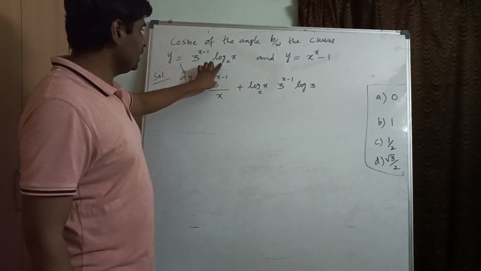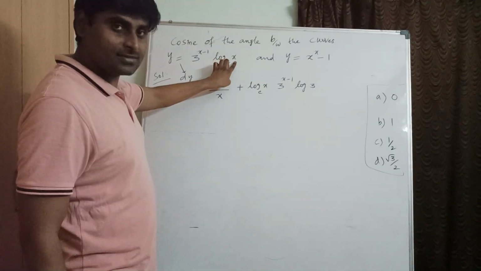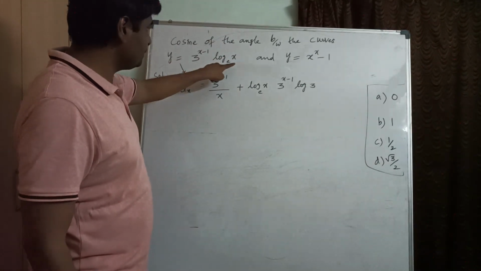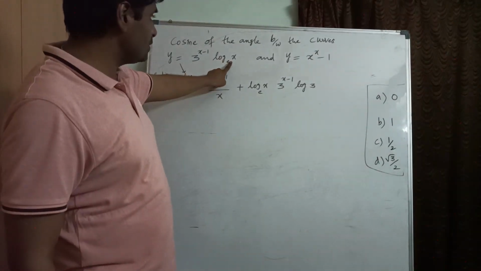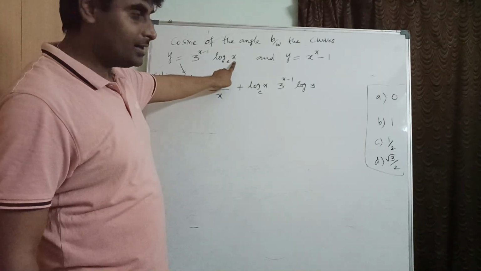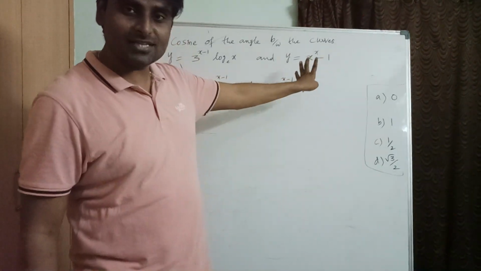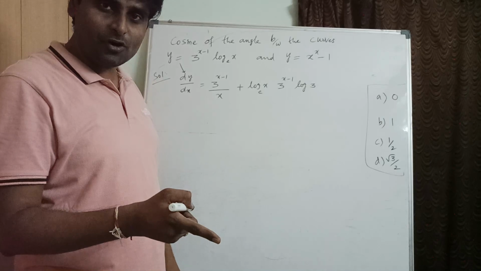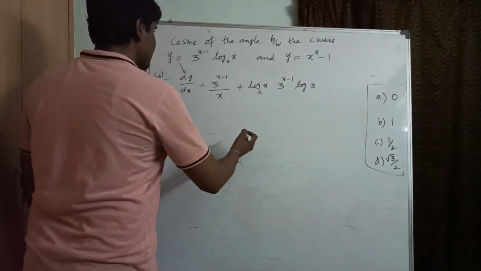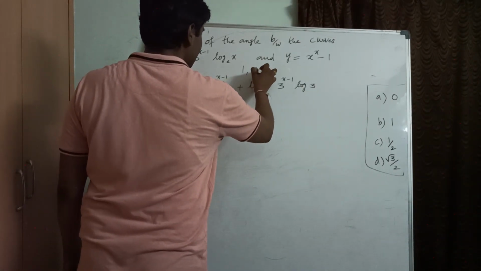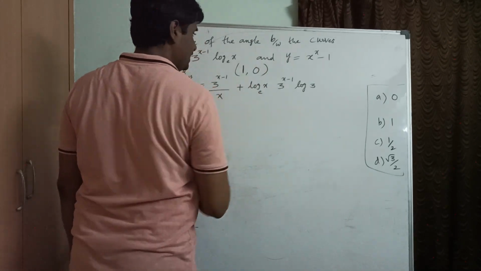Now here, log 1 is 0. Directly we can observe log 1 value is 0. So whenever you substitute 1, y value is 0. Here also whenever you substitute 1, 1 minus 1 is 0. So 1 comma 0 is the point of contact. That's it. Clearly 1 comma 0 is the point of contact.